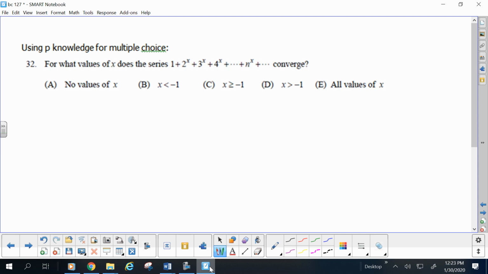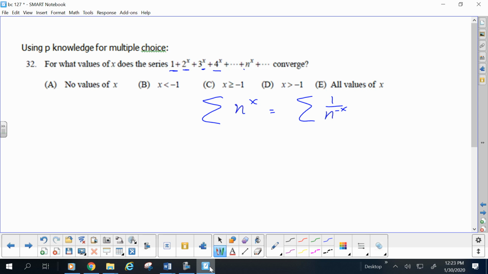Here we go. This guy, I don't know about you, but I played with this a little, and I said it's something like, do you agree this is what's changing each time? So it's n to the x, but to make it like a p-series, what did you do? Made it negative, so 1 over n to the negative x. The first thing you do is make it look like a p-series, and then use the criteria.